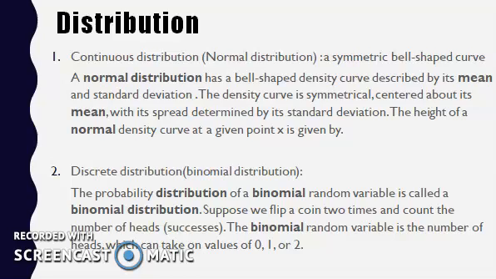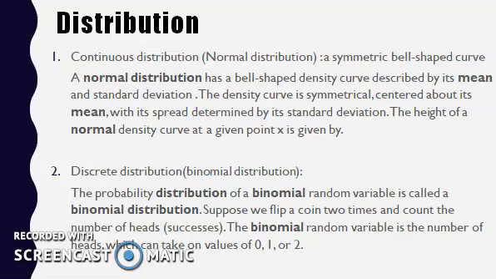Second one is discrete distributions, or sometimes it's also famously called binomial distributions. The probability distribution of a binomial random variable is called a binomial distribution. Suppose we flip a coin 2 times and count the number of heads or successes.